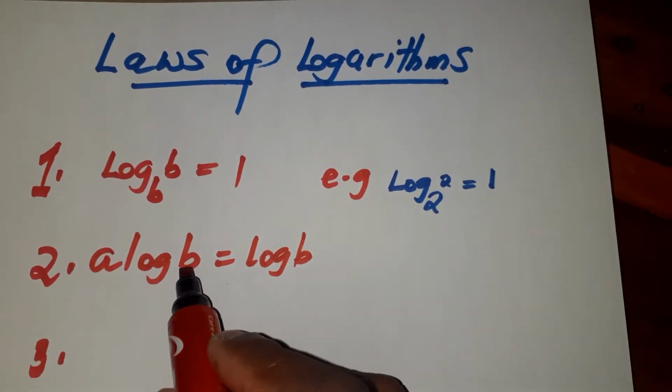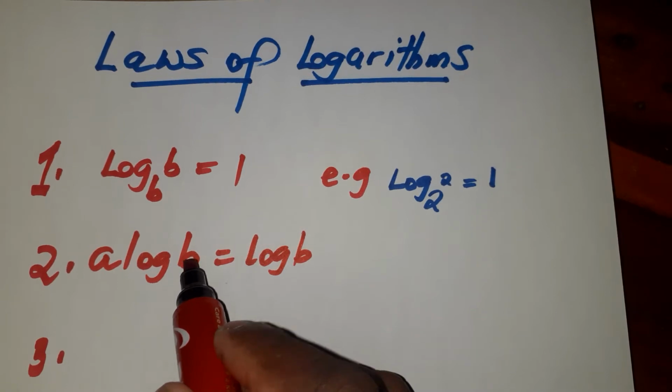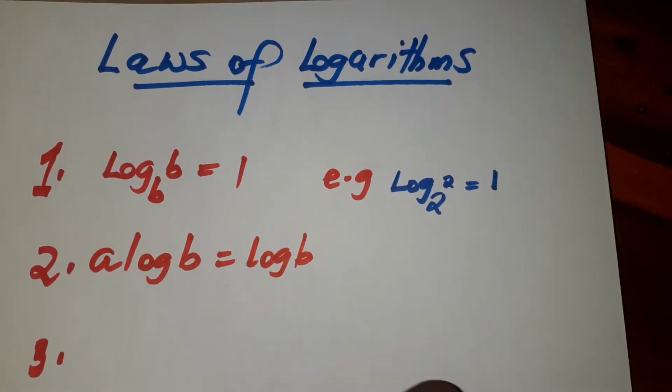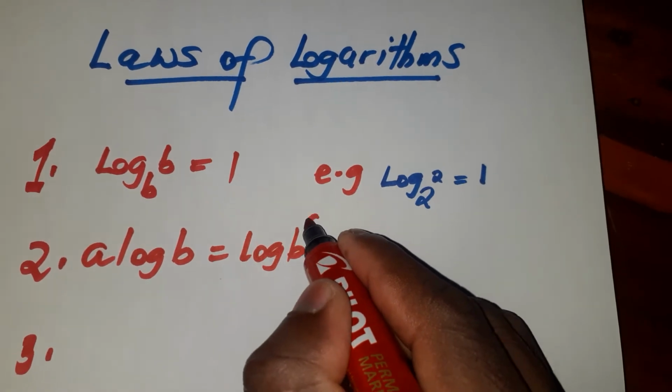In this case, b is not a base, just a number. Then the a becomes an exponent, like that.